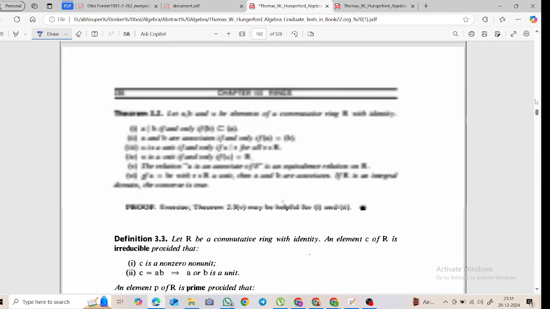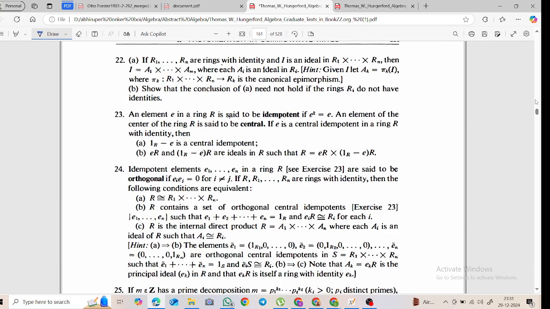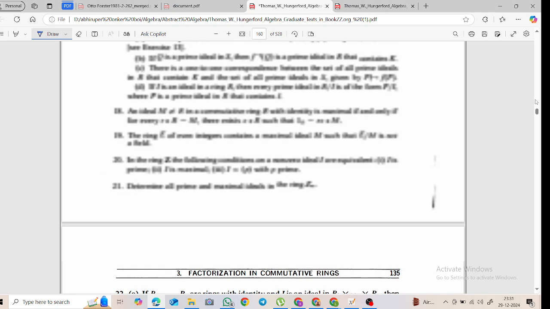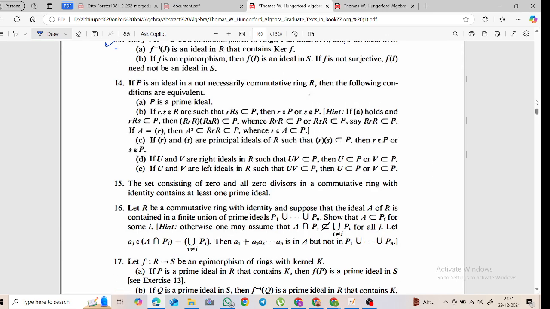Okay, I will be teaching this example actually. Otherwise, there are some really good problems. Like, P is an ideal, not necessarily commutative, then the following conditions are equivalent: P is prime.